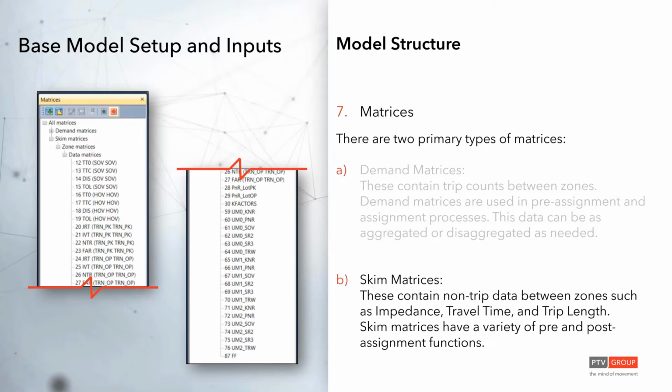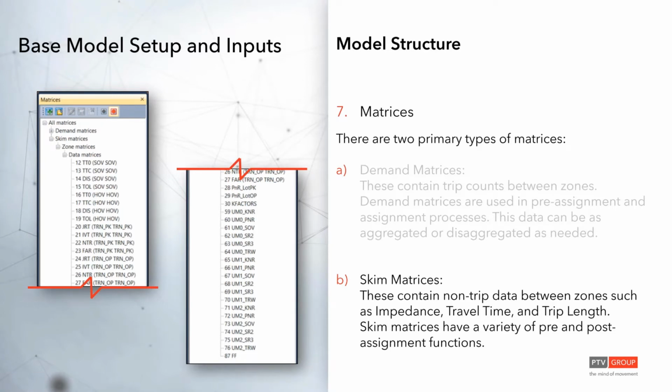So you can use skim matrices to help develop your transportation network before the assignment process, using them for various adjustments and optimizations that you need to do. And then you do your final assignment, and then you can pump out even more skim matrices that are giving you output data results as well.